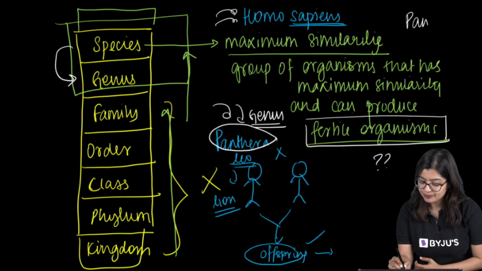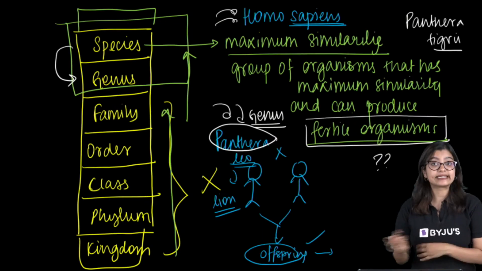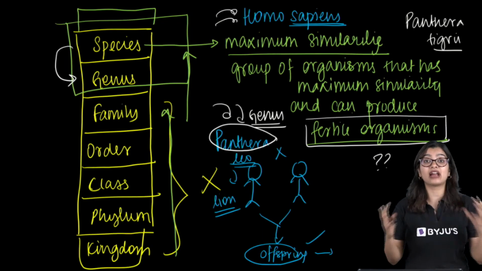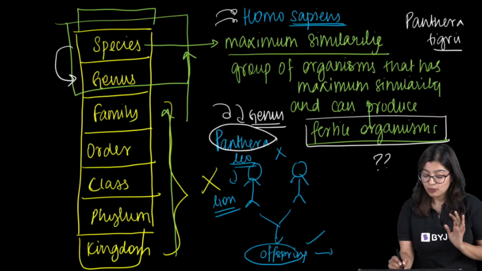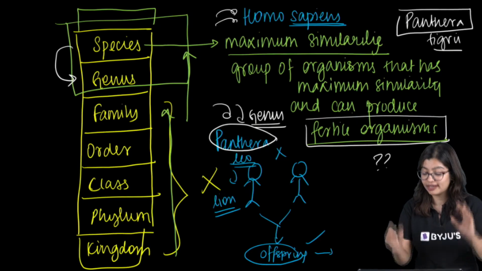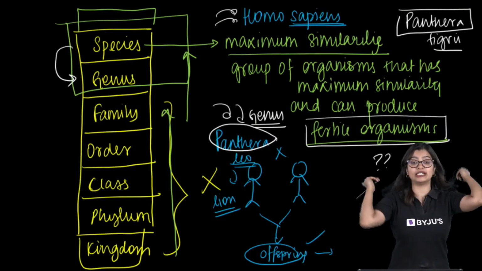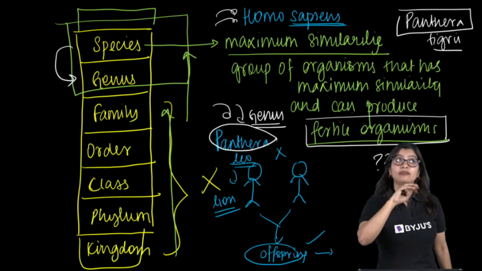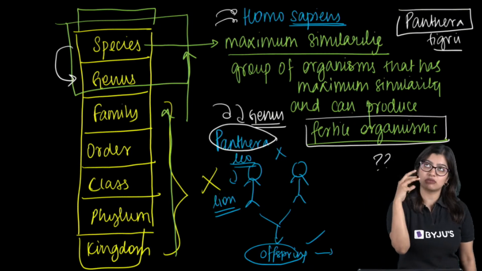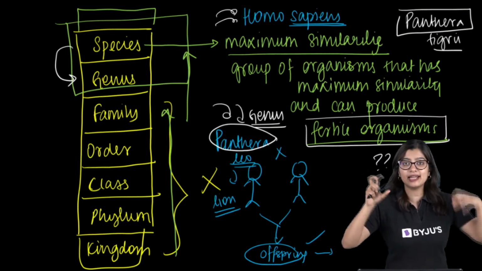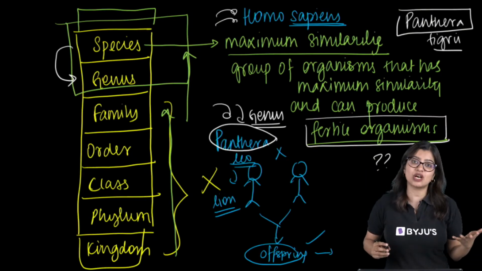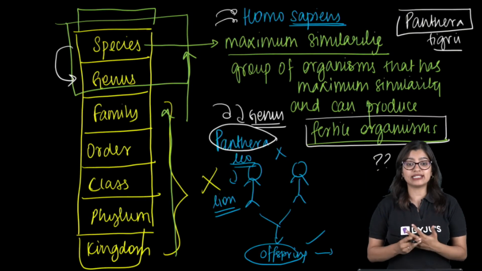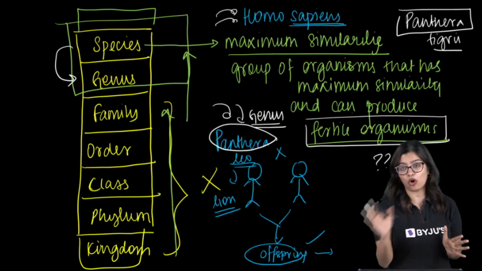For example, Panthera tigris is the tiger. A lion and a tiger are drastically different from each other, but nonetheless they also have similarities, which is why they belong to a broader category called genus. But if they come together, they may not produce a fertile offspring.